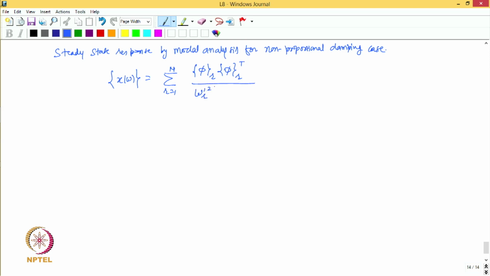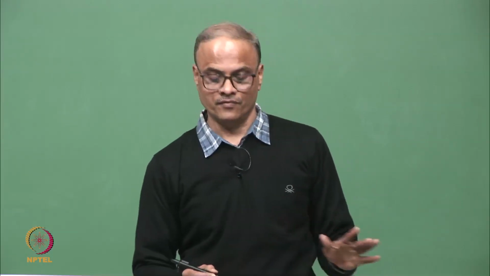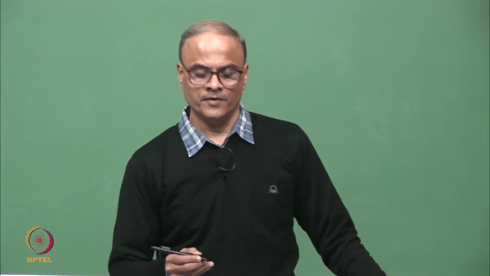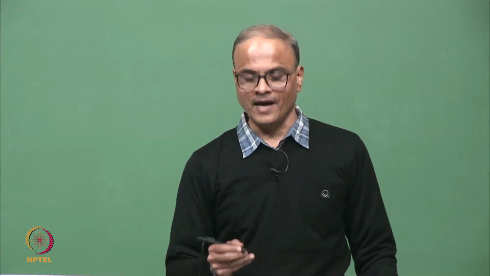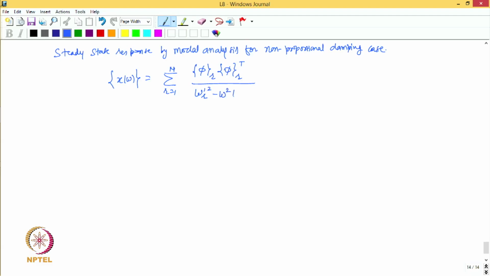Now we have omega r dash square, because these are no longer the same frequencies as the undamped modal natural frequencies, it is a different quantity, therefore it is represented by omega r dash.